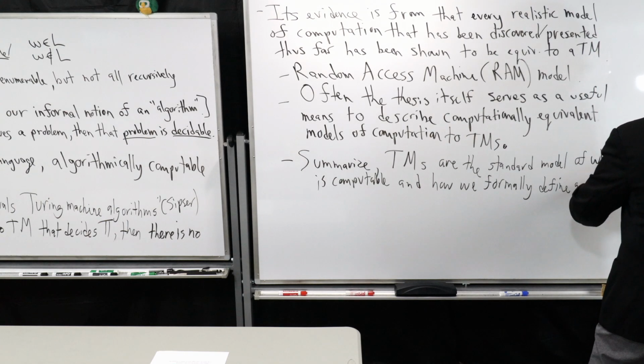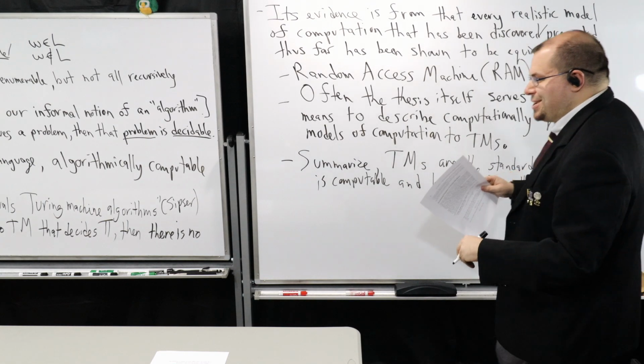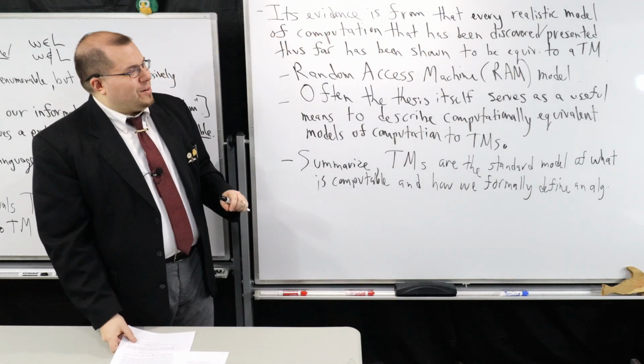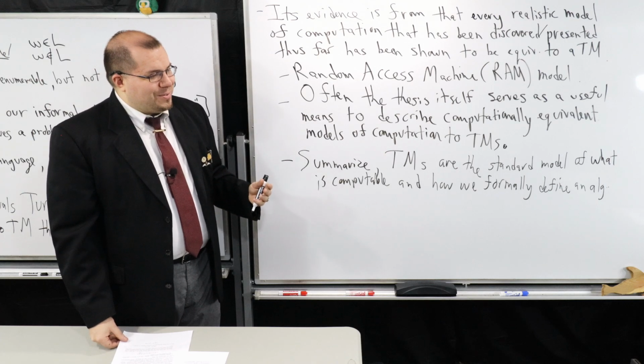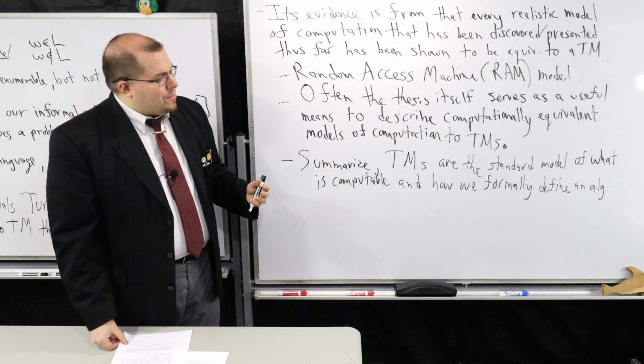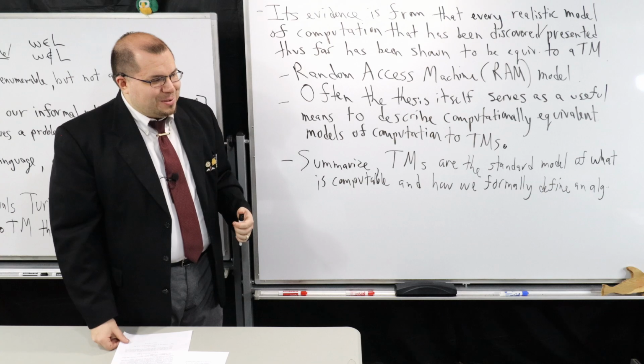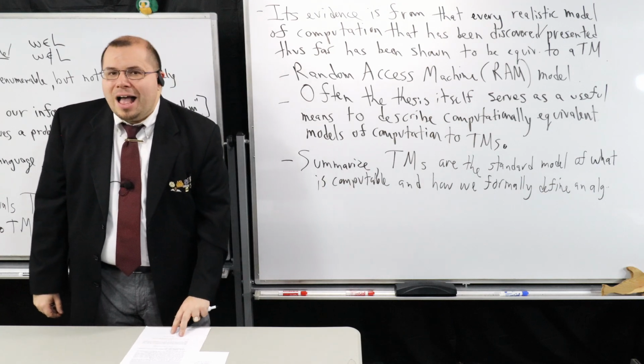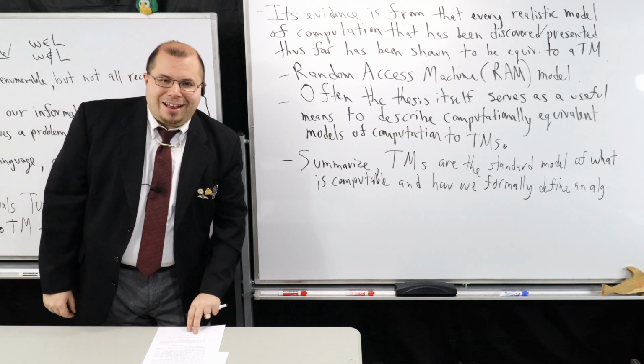So if you're talking to some computer scientist like me and you ask, okay, so what is an algorithm? They'll probably tell you it's a Turing machine. That's what I'm trying to get at.